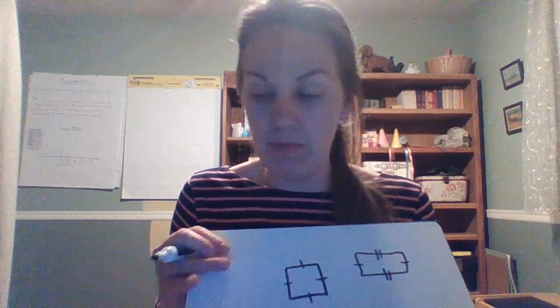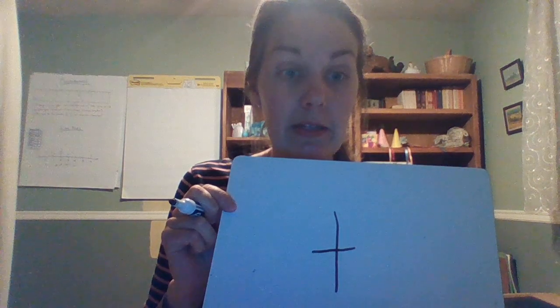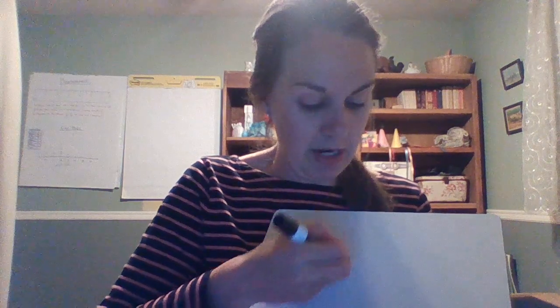Right, at least one pair. A right shape has at least one pair of perpendicular sides. Perpendicular means that the lines intersect, forming right angles. So these would be perpendicular lines. And in this example, they have a shape that has two perpendicular lines.